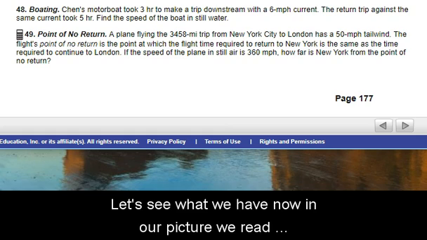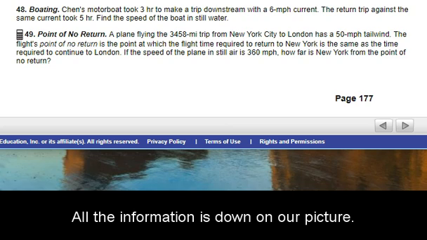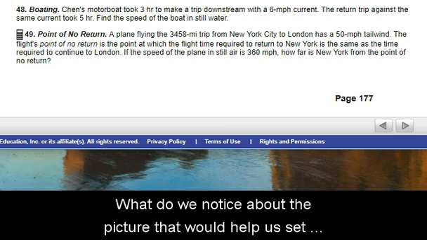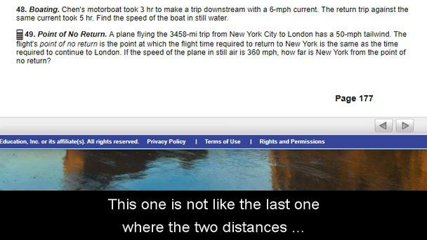So let's see what we have now in our picture. We've read through all the words. All the information is down on our picture. What do we notice about the picture that would help us set up the problem? This one is not like the last one where the two distances added together.